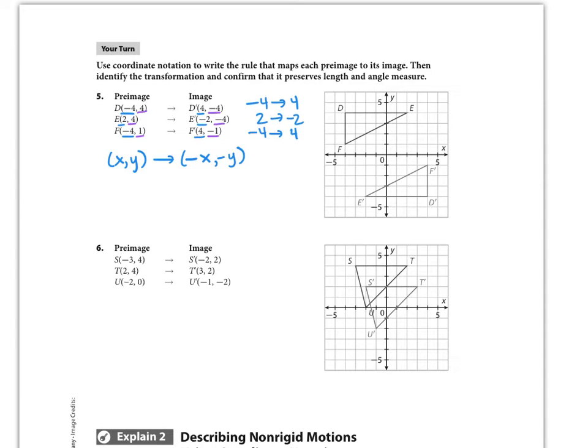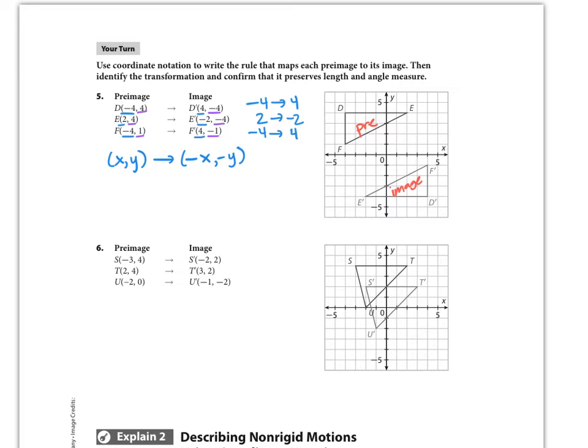Well, here are my two figures, right? Remember that this is the pre-image, and this here is the image. We want to first figure out what type of transformation this is.